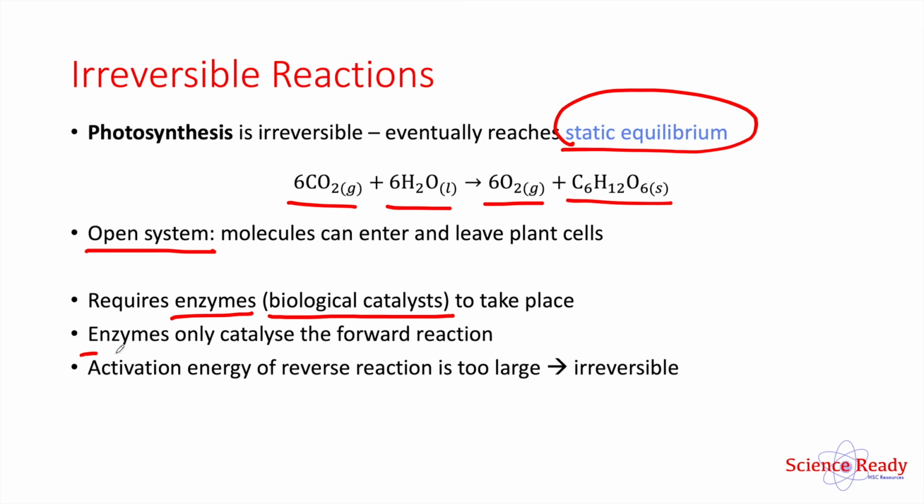These enzymes only catalyze the forward reaction, that is photosynthesis. The reverse reaction does not have any enzymes, and therefore it does not occur. In other words, in the absence of enzymes, the reverse reaction has an activation energy that is too large, causing it to be irreversible.